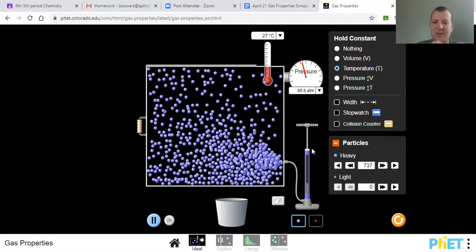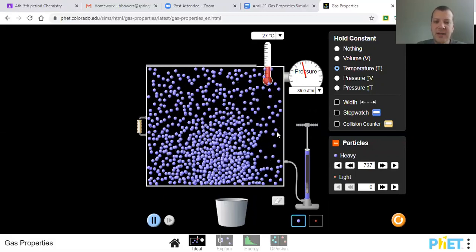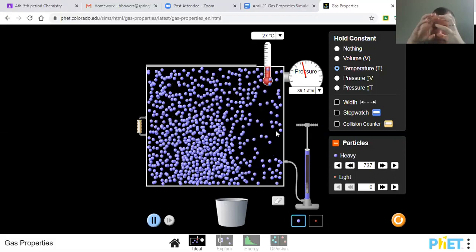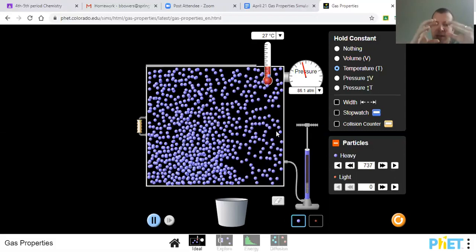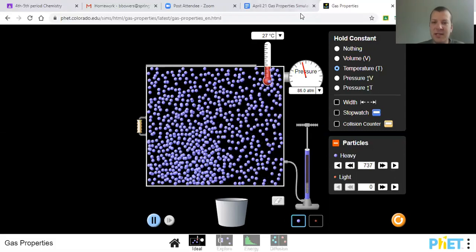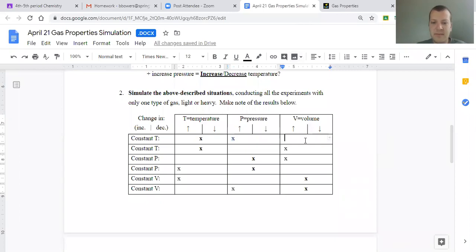I'm increasing the pressure like crazy. What's happening to my volume, to the space between the balls? Well, it's getting smaller. So my volume's actually getting smaller, so I'm going to put an X on the small side. That's one way to do it.